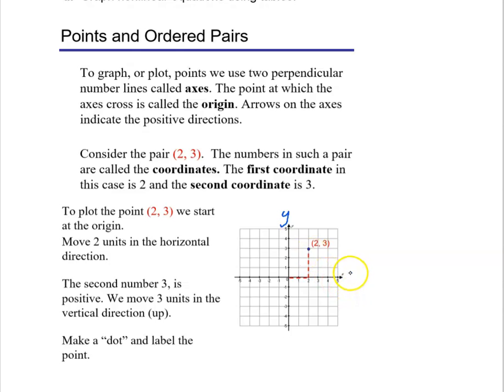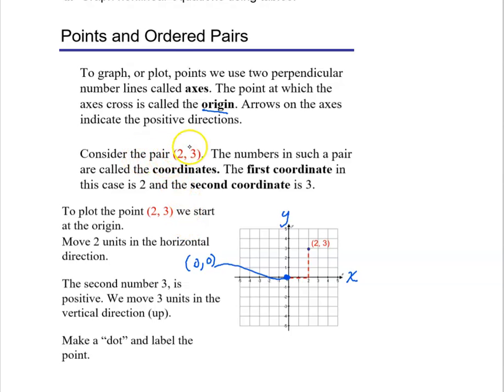And it's hard to see this one too, and this is your x-axis. The point at which the axes cross is called the origin. So this point right here, and we label that point 0, 0. That's called the origin. Arrows on the axis indicate the positive directions.